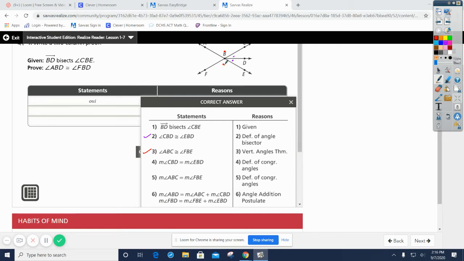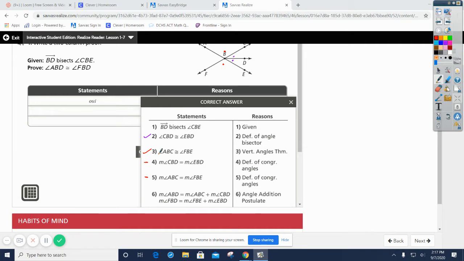And then it says right here on 4 and 5, it has to go from congruent to the measurements are equal. Okay, notice that number 4 is the same as 2, and number 5 is the same as 3. It just says equals instead of congruent, because you have to change it from congruent to equals for you to be able to say that the other parts of the angles are equal.